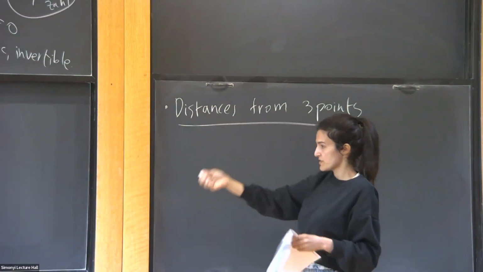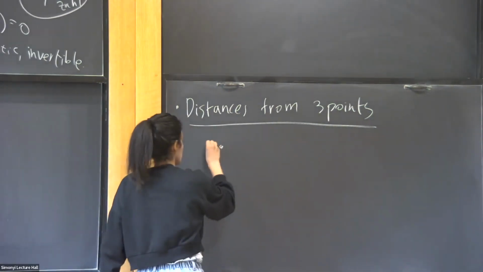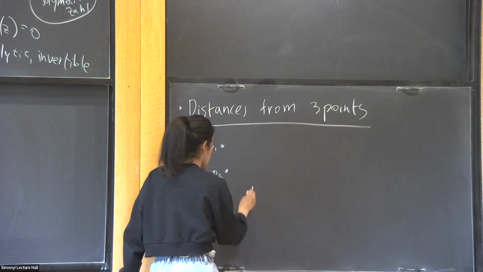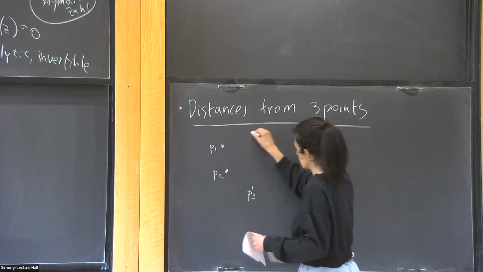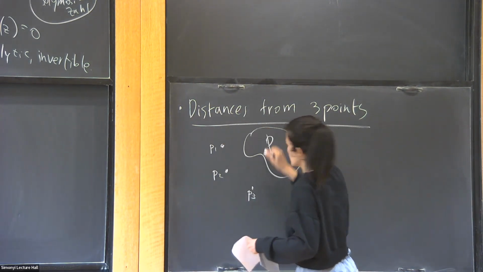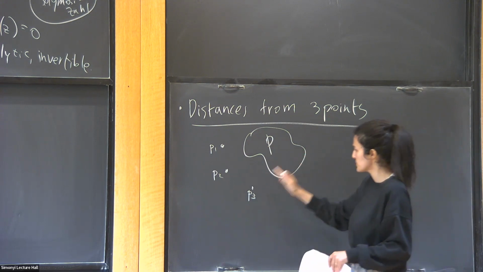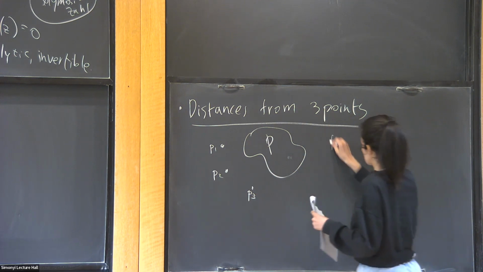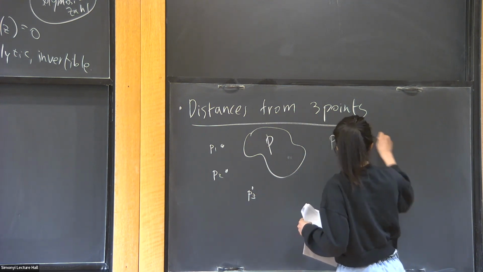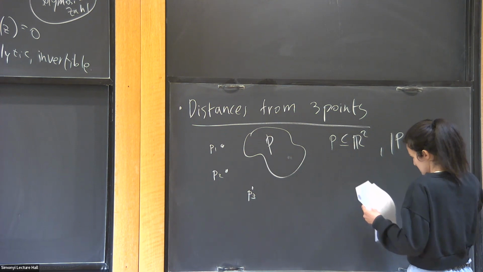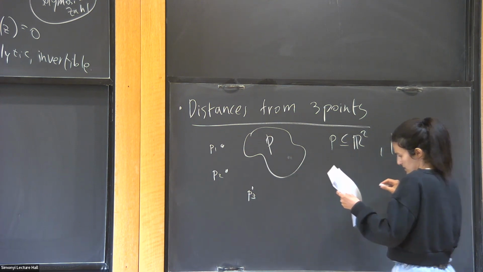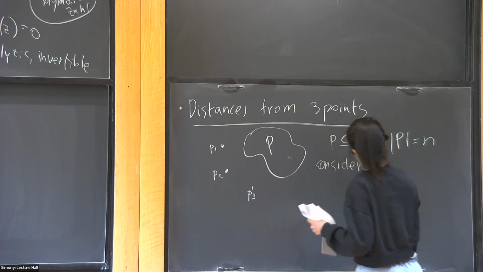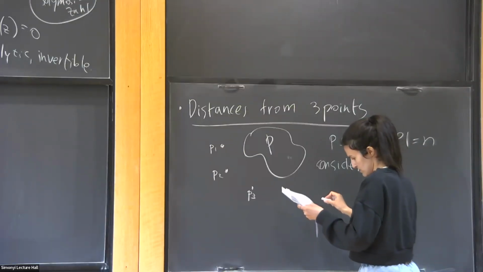So here it is very similar, but we fix 3 points, P1, P2, and P3. And we're given a set P of size n, and we consider all the distances between these 3 points and the set P. So P is in R2, and size n, and we consider, maybe let's write it as the union.